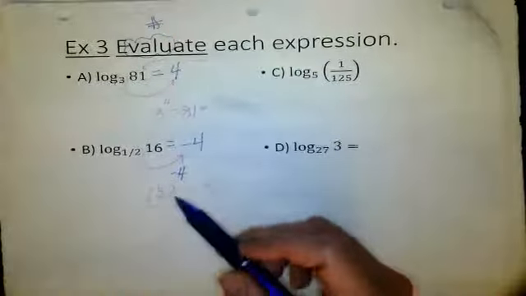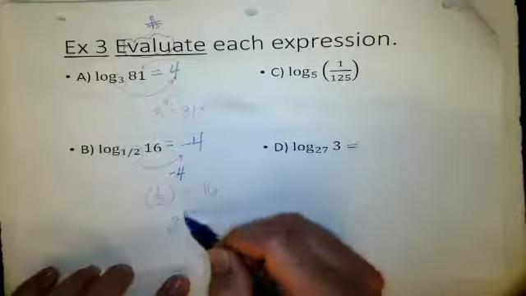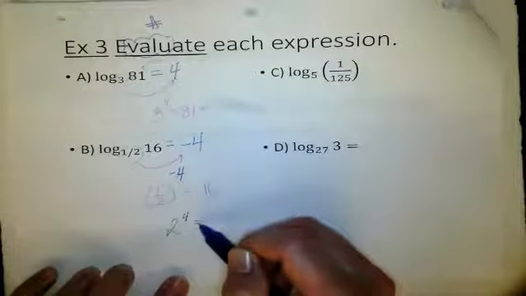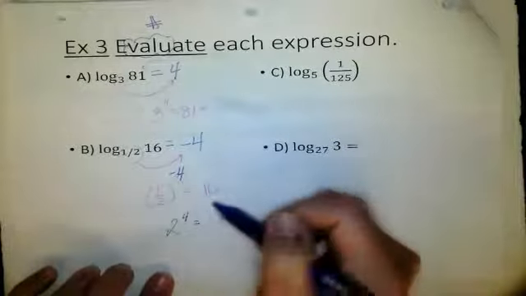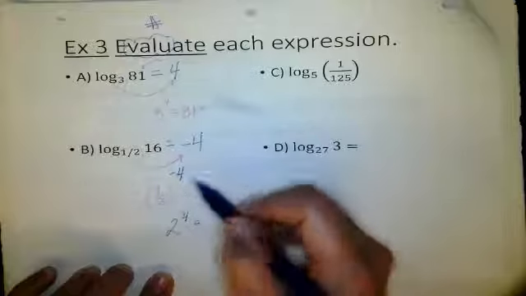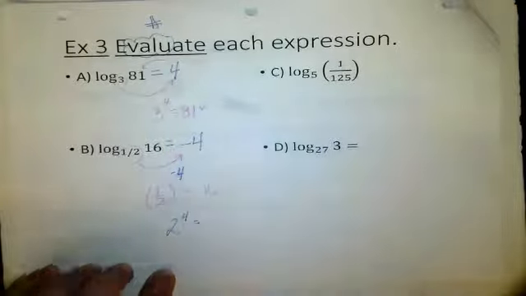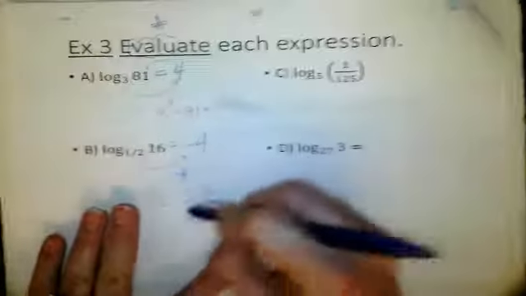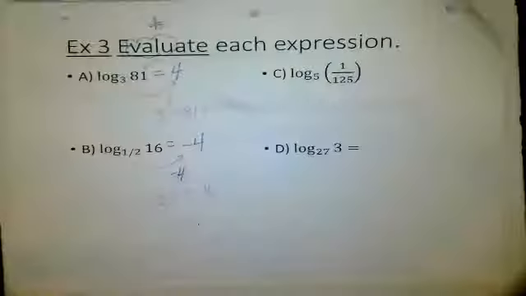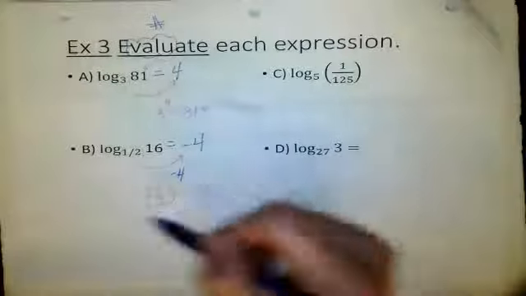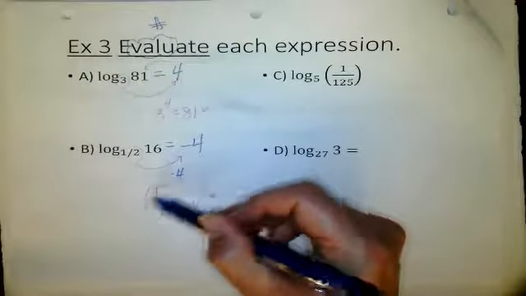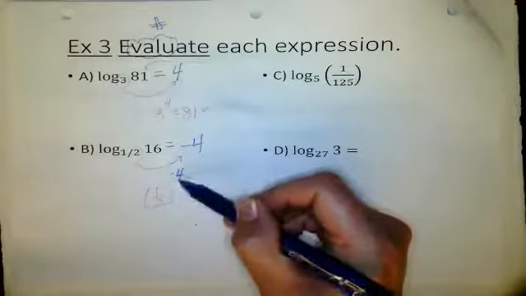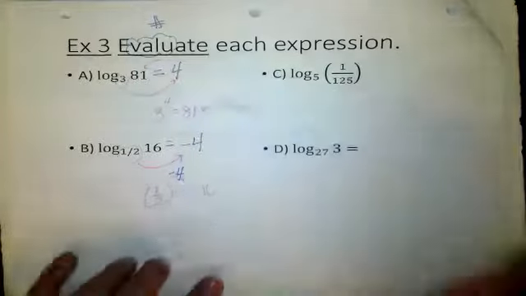The negative flips the 1/2 into 2 to the 4th, and that equals 16. So 1/2 to the -4 power gives me 16. And if you weren't sure if it was 4 or -4, you could try it on your calculator. Of course you could.